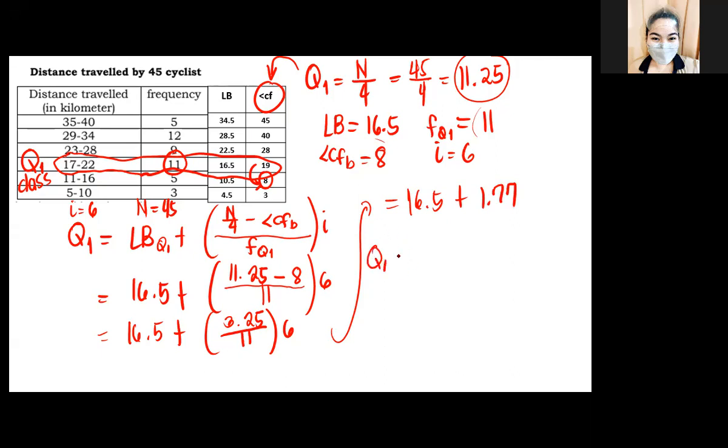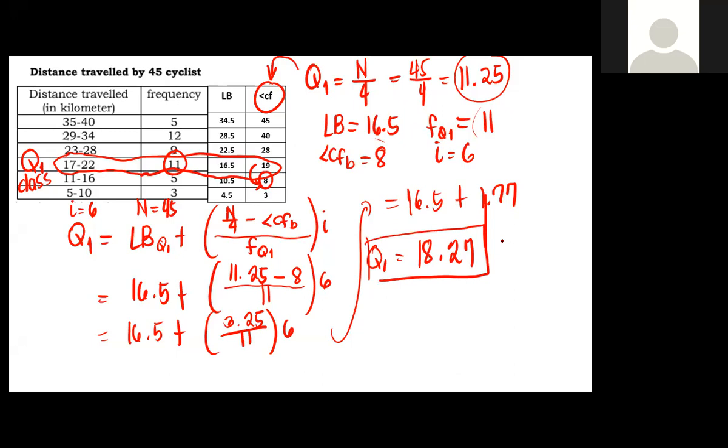Our Q sub 1 is equal to 16.5 plus 1.77. That is 18.27, correct. So, yung answer natin dito, our Q sub 1 is 18.27.